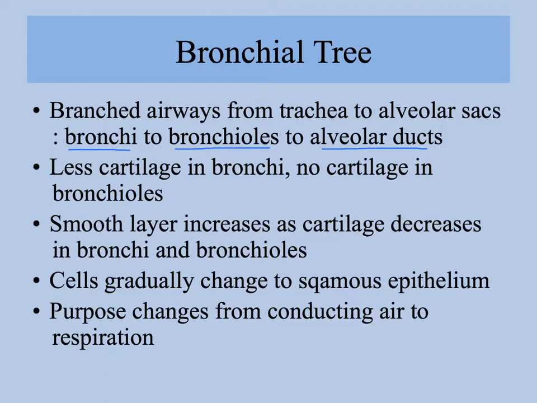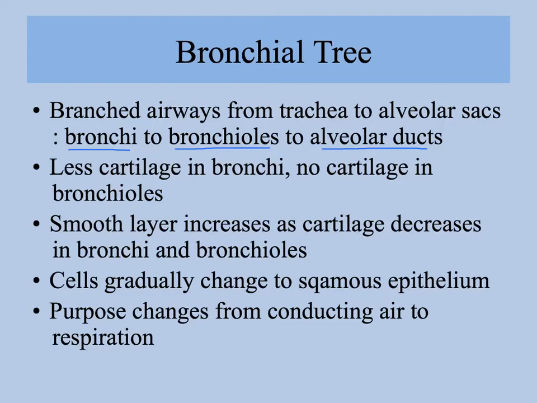There is cartilage, but as you move down into the lungs, you get less and less. Things are changing through the respiratory system because function is changing. There's less cartilage in the bronchi than in the trachea. There's no cartilage at all when you get to the bronchioles, but then you have smooth muscle layers increasing.